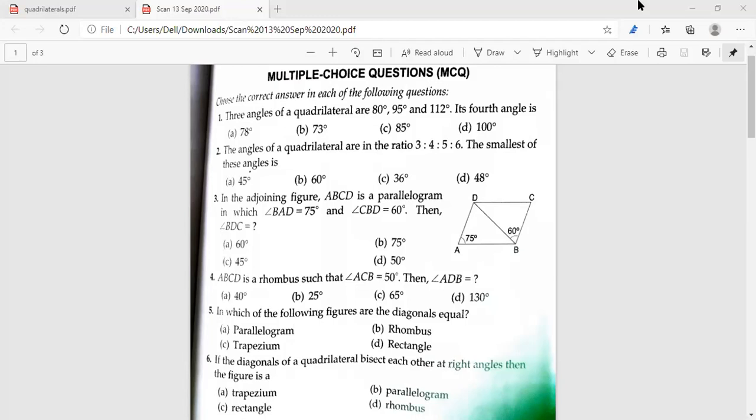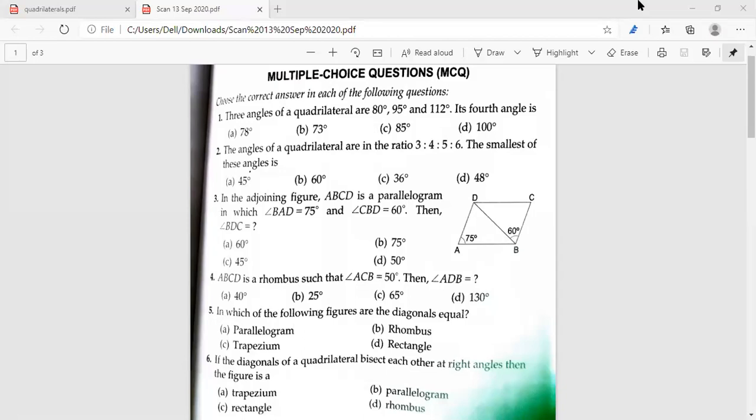Ma'am, if angle C is 50, then by quadrilateral, ADB they have asked. And ACB is given. They are not adjacent angles. Answer 40 is correct. Wait. It is a rhombus, no? Okay. 100, then this is 80. 40 is the right answer.